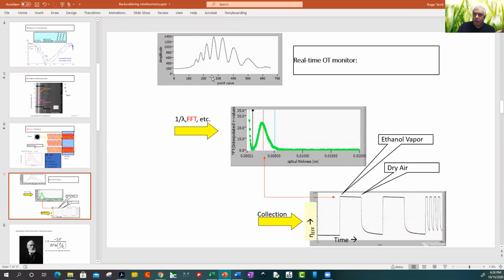And then the low frequencies come down and they quickly go to zero, and then you get a bump, and then it goes back down to zero.